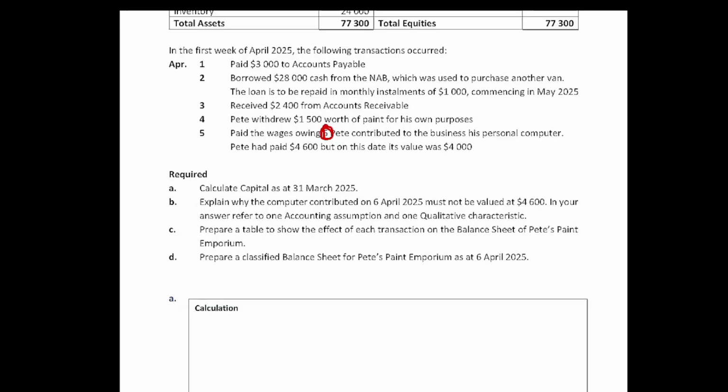Then from that you have to bring out the theory part for relevance. What does relevance say? It has to be related to the business's operation. So what is more useful in decision making for the business? 4,600 or 4,000? 4,000. Yeah.